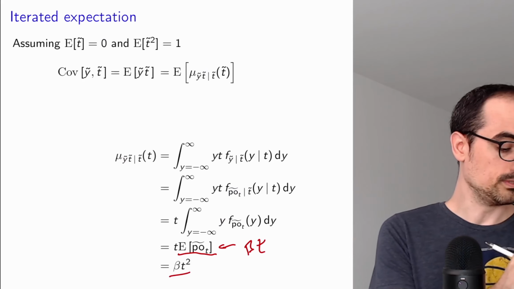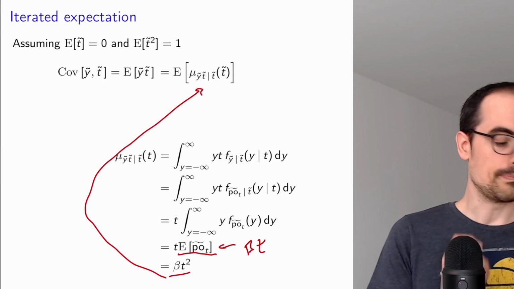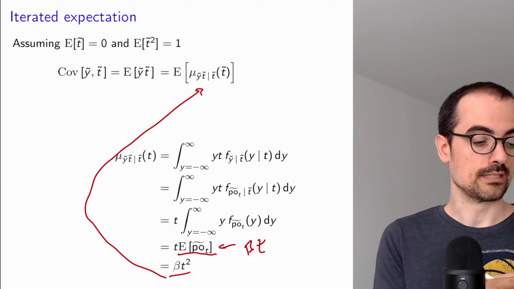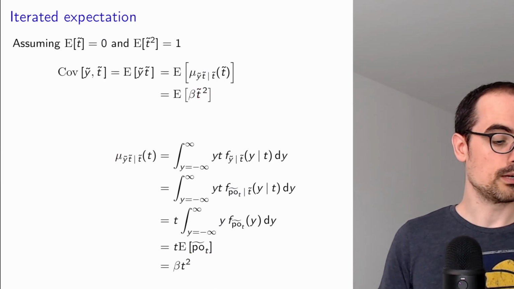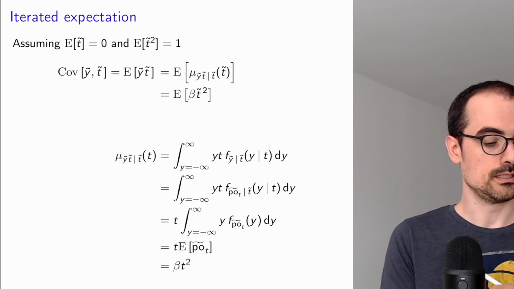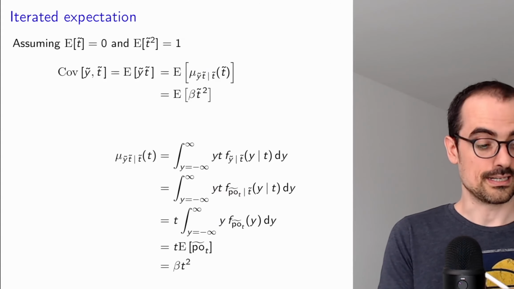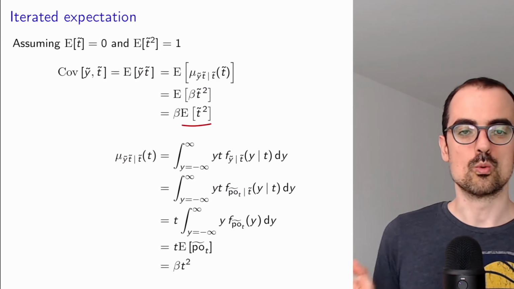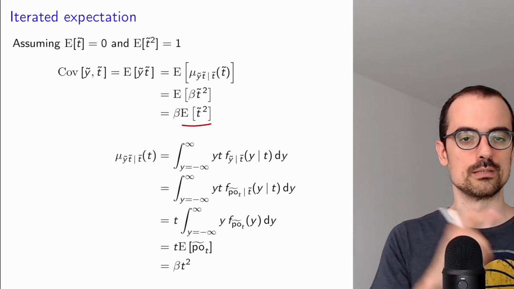Now we're going to input this guy here, replacing the constant t by the random variable representing the treatment. And if we do that, here we get the mean of beta times t squared. The beta can come out by linearity of expectation, and this guy is just equal to 1 because we have standardized the treatment.